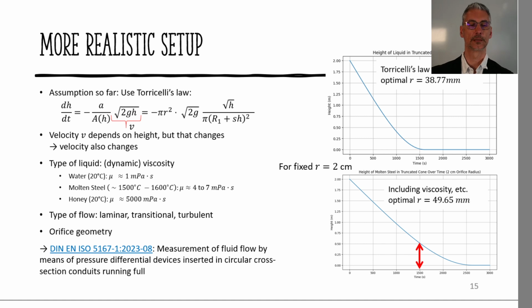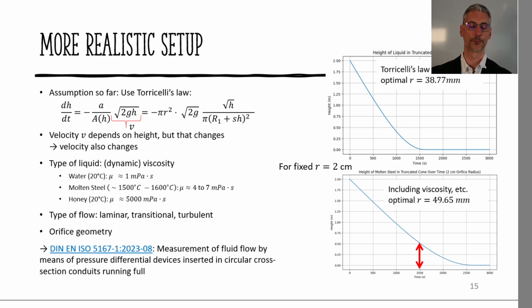Now we've discussed this in terms of Torricelli's law, right? And this is the differential equation that we have solved so far. There are a few complications if you were to do this in a realistic setup that you need to take into account. So for example, the velocity depends on the height, but that also changes with time. So the velocity also changes. So we need to consider the type of liquid that we have, i.e. the viscosity of it.